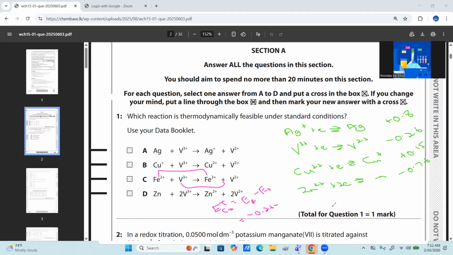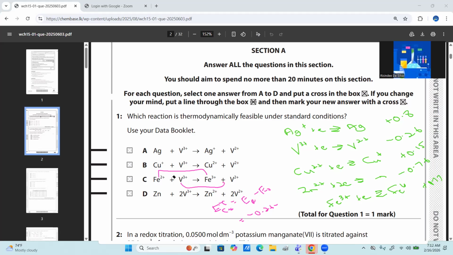For Fe3 plus becoming Fe2 plus, the value is plus 0.77, right? Minus 0.26 minus 0.77, again you get a negative answer. So C is also wrong. So definitely D should be the answer.